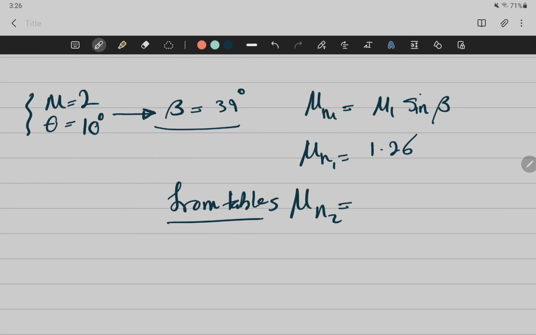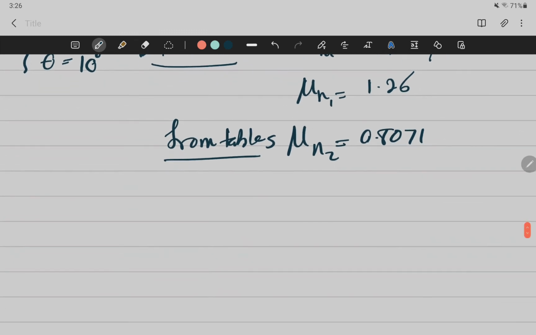What was the number? 0.871. I have 0.871 here. Okay. So how can we find M2, the actual downstream Mach number? You take that one, you divide by sine of beta minus theta. Beta minus theta, exactly. So sine of 29 degrees, right?